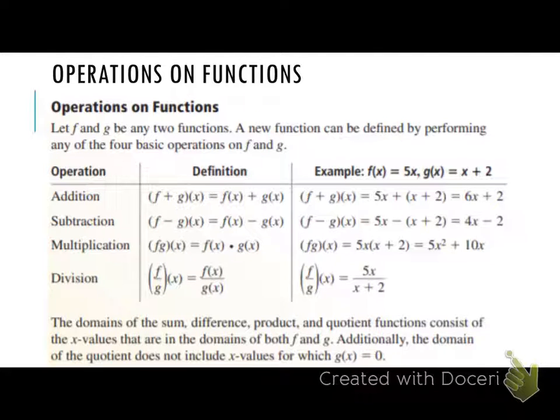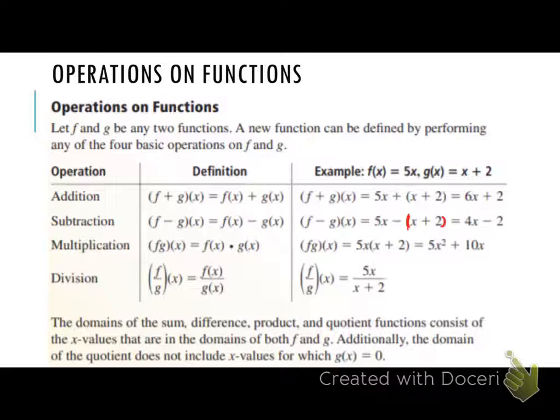Subtracting functions. F minus g of x, I'm doing 5x minus (x plus 2). Notice how they used parentheses whenever they subtracted. They put parentheses around that second function. You need to do that. What's going to happen with that negative in that set of parentheses?